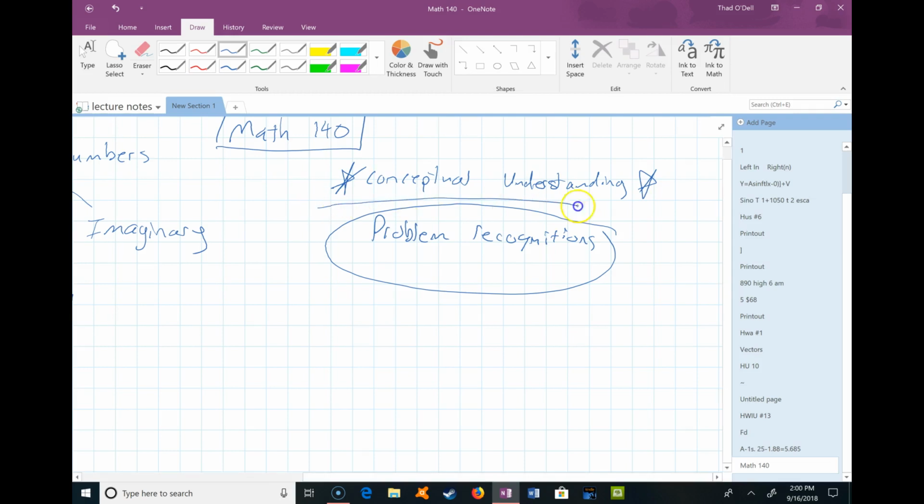Whereas conceptual understanding is more along the lines of you learn concepts, study vocabulary, and so when you come to a new problem, you read the directions to make sure you understand all the vocabulary in the directions, and you use the concepts and the skills that you've developed to solve the problem.